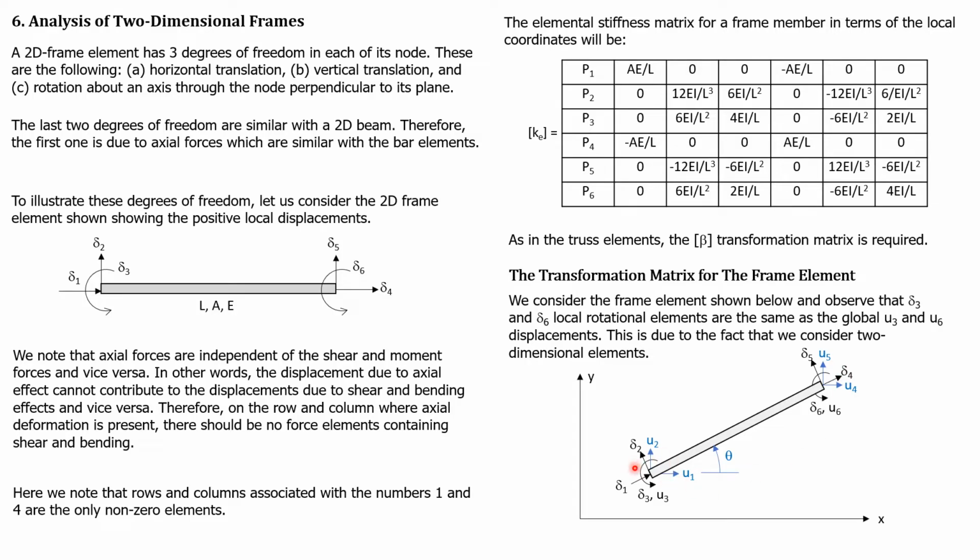Again, the local displacement for rotation, because it is rotation about an axis perpendicular to the plane, is the same because it is rotation counterclockwise. So that's why delta 3, delta 6 are respectively equal to u3 and u6.